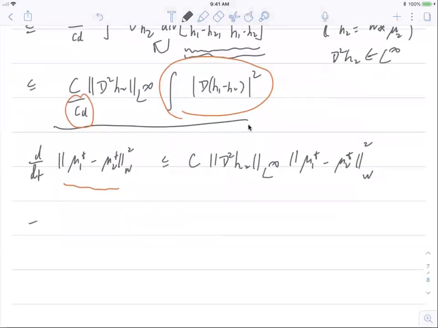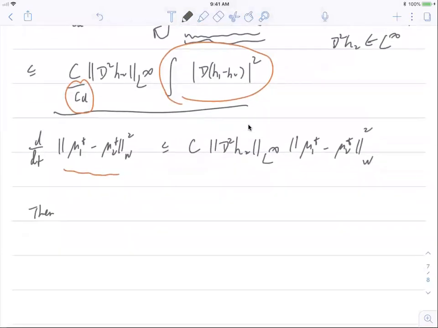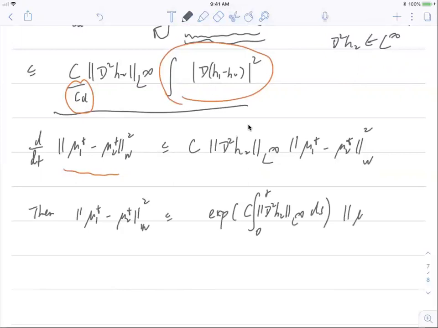Then we can estimate this: exponential of c times t, but this can be relaxed, for instance, to be the integral over s. So mu1 0, mu2 0. Okay, so this is the Weierstrass stability result.